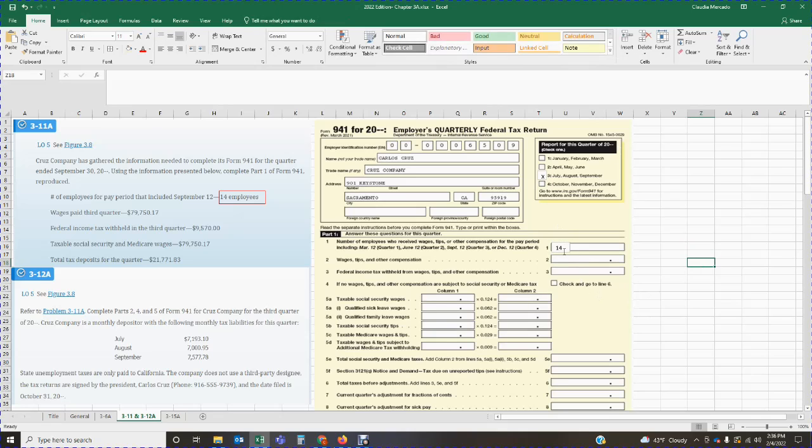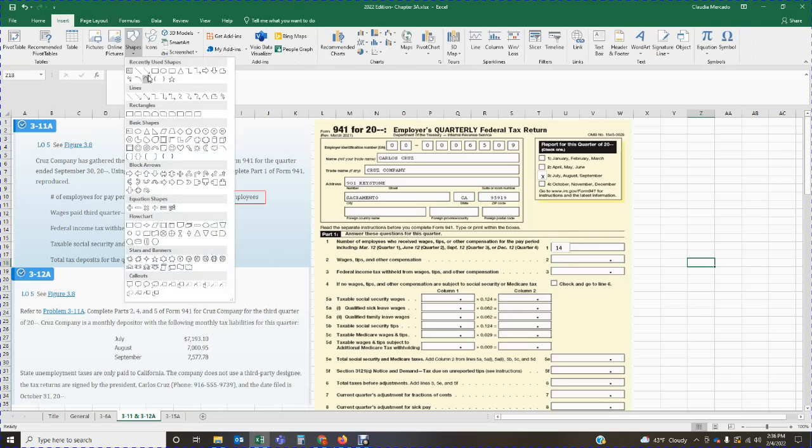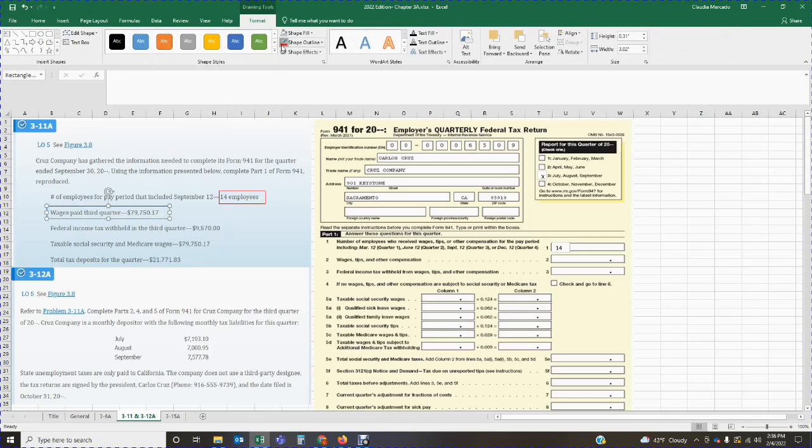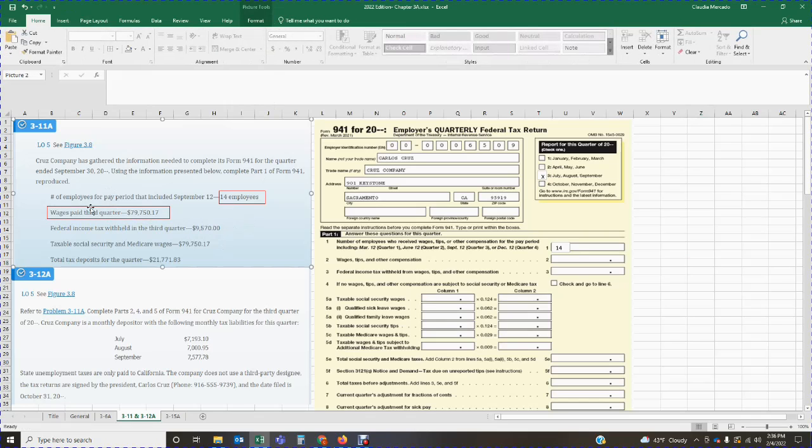Okay, now line number 2, how many wages, tips, and other compensations did you have? The problem says that we have wages and tips. Wages paid the third quarter, 79,750.17. Now it only mentions wages.